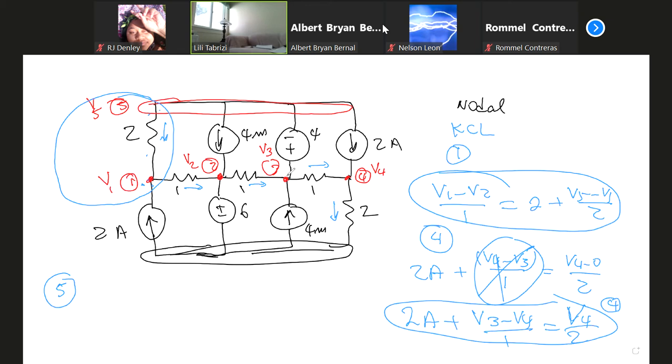This is the only tricky part. I want to bypass the voltage source, which means anything connected to it. This node is not just one point, it's the whole thing, so I have to bypass the whole node, and this node too. This is my supernode.